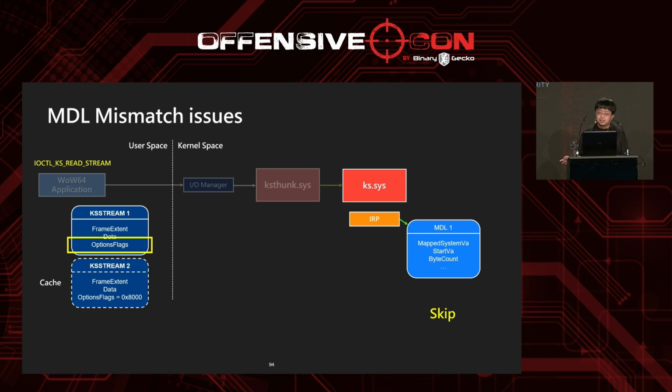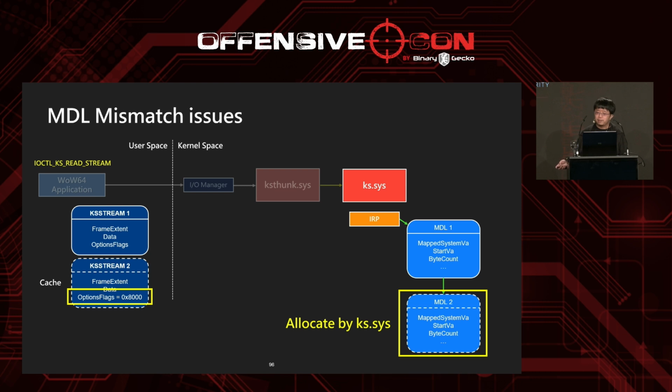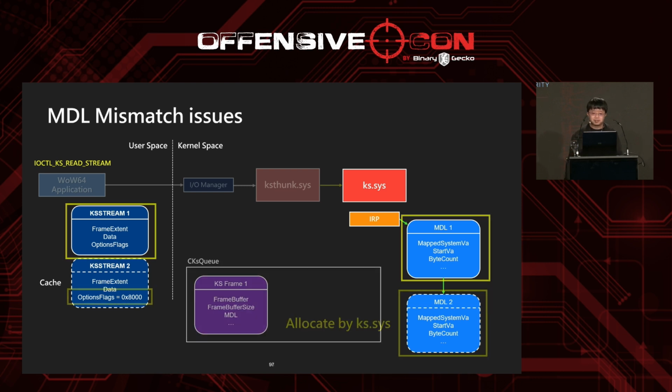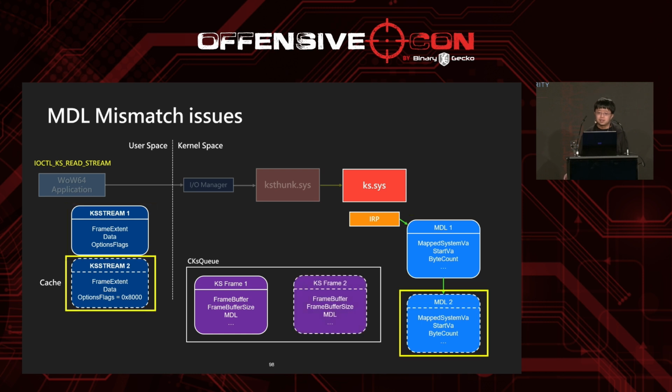For the first frame, because it doesn't have the cache flag, it assumes the MDL is ready and skips it. Then it moves on to the second frame. Since the second frame has the cache flag, KS will allocate an MDL and map the frame buffer. It then creates the cache frame structure based on the order of the cache stream header entries. Each cache frame is paired one-to-one with its corresponding MDL. They are placed into the queue, waiting for the worker to pull them.